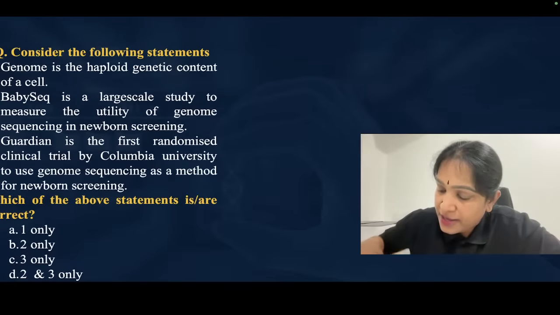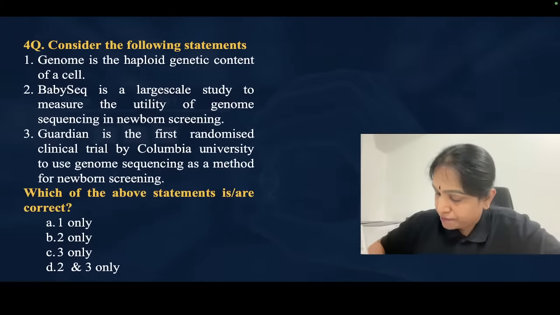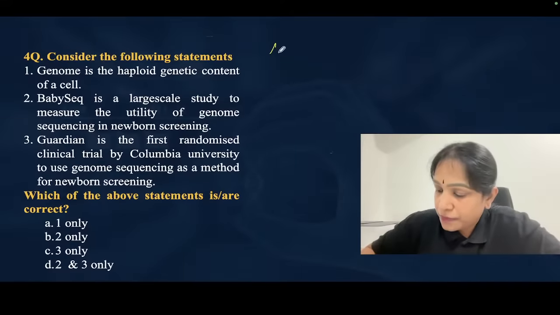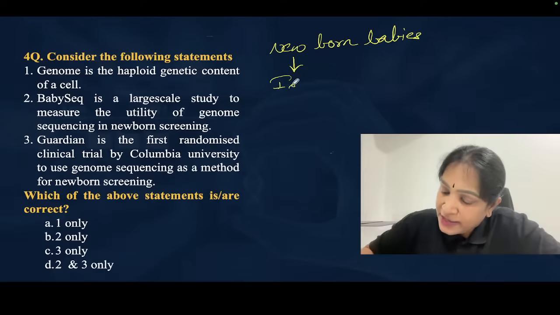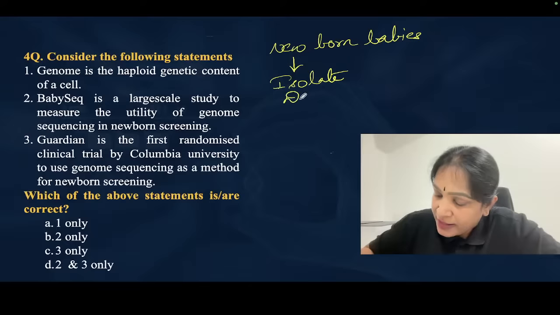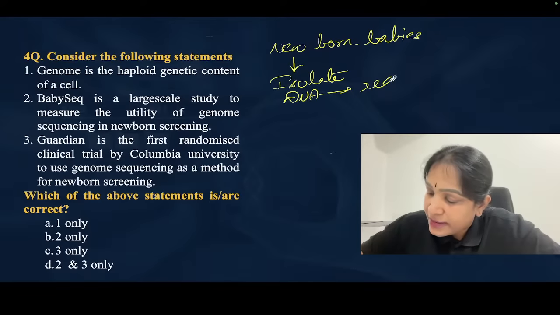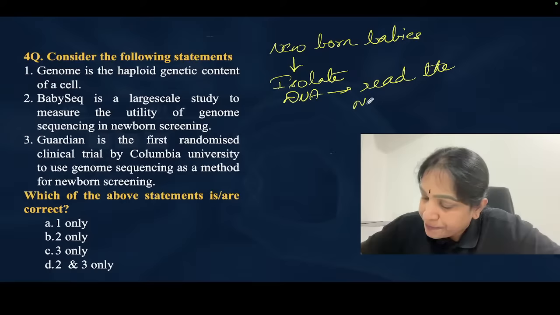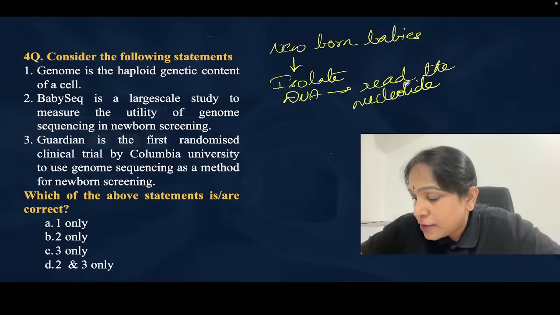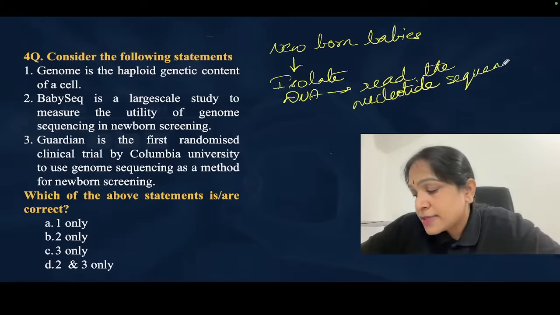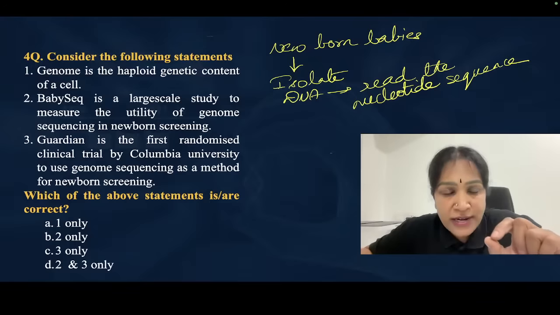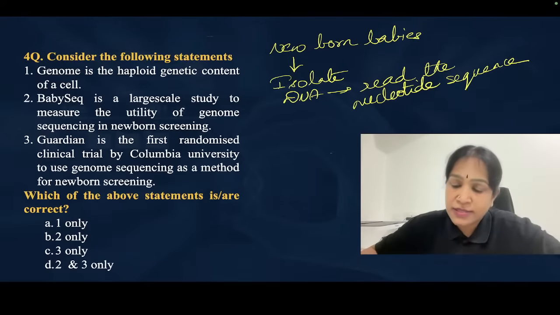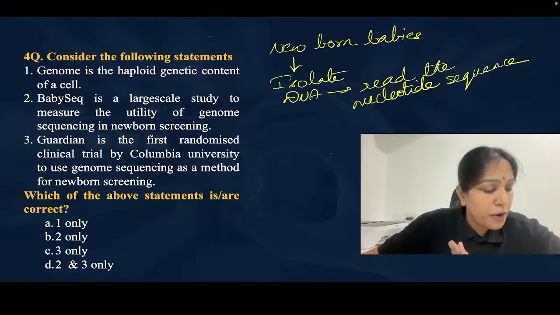For the newborn babies, isolate the DNA and read the nucleotide sequence. Is it clear? From the newborn individuals, we have to isolate the DNA and read the nucleotide sequence. For whom? For all the newborn babies.